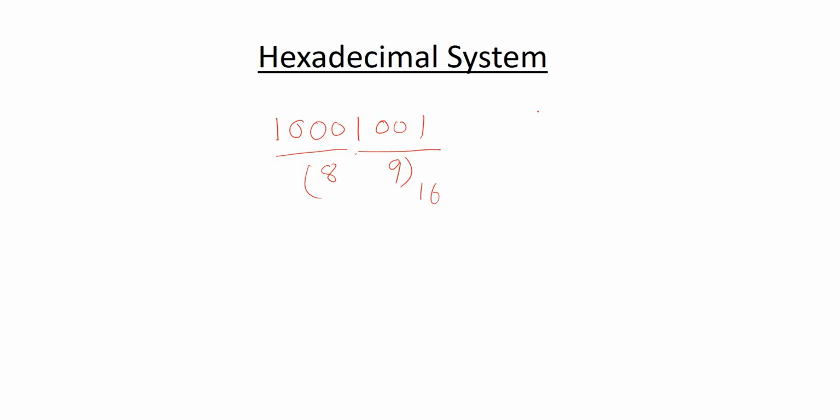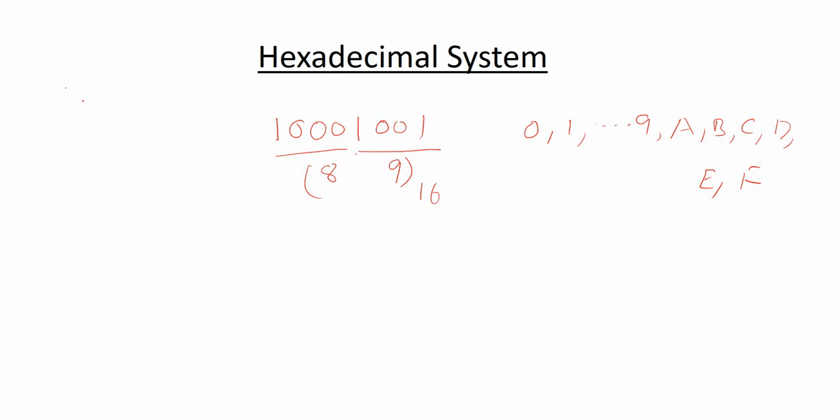The hexadecimal system uses 16 symbols to represent the information: up to 9, then A, B, C, D, E and F. These are the 16 symbols the hexadecimal system will use to represent binary numbers.